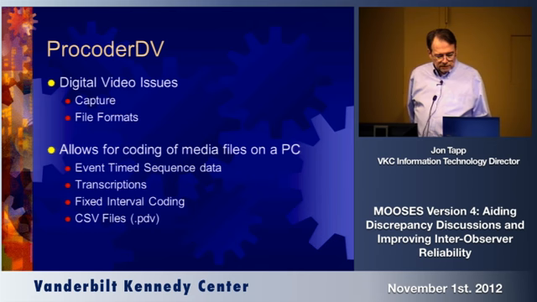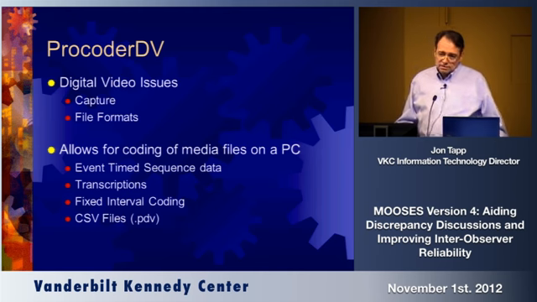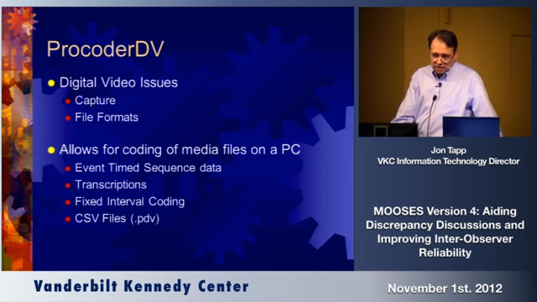With Procoder, we have digital video, and I wrote Procoder to talk to players. So it talks to Windows Media Player. It talks to a player that I bought. The problem with that is I didn't write the player, and the players don't always work. And the codecs inside of Windows don't always work, and they're always a little bit different.